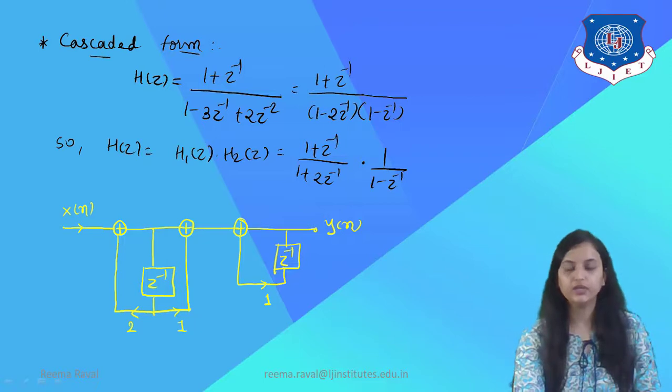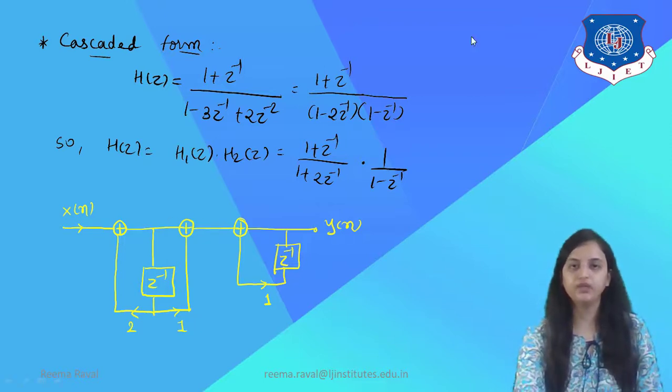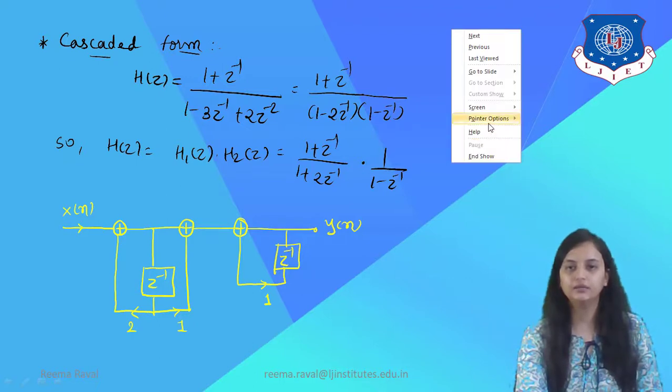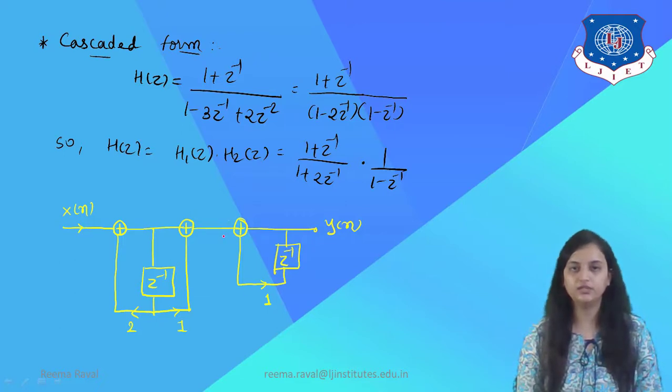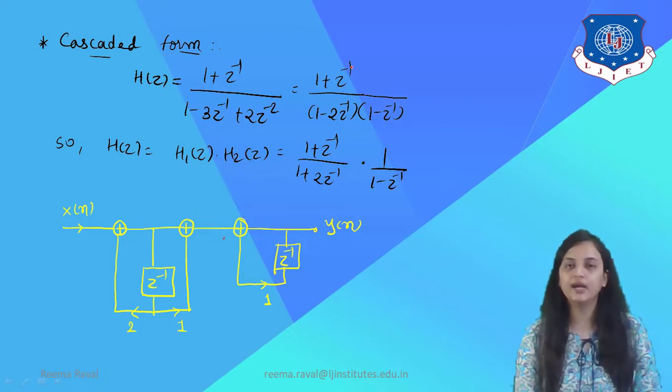Now, in this cascaded form structure, as you can see, we have taken the H(z) which we have obtained earlier, which is 1 plus z inverse upon 1 minus z inverse plus 2z raised to minus 2. Here we are taking the numerator 1 plus z inverse as it is, and the denominator is a quadratic equation.